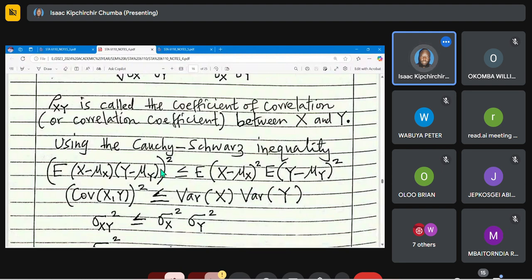But whatever I have here is actually our covariance between x and y.